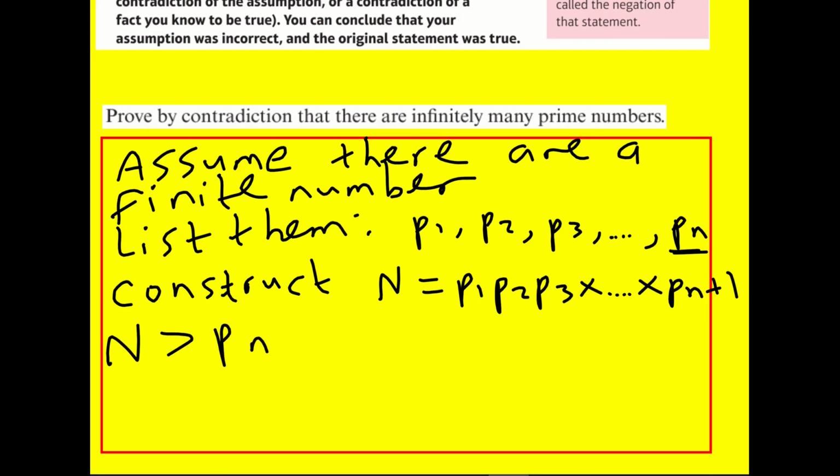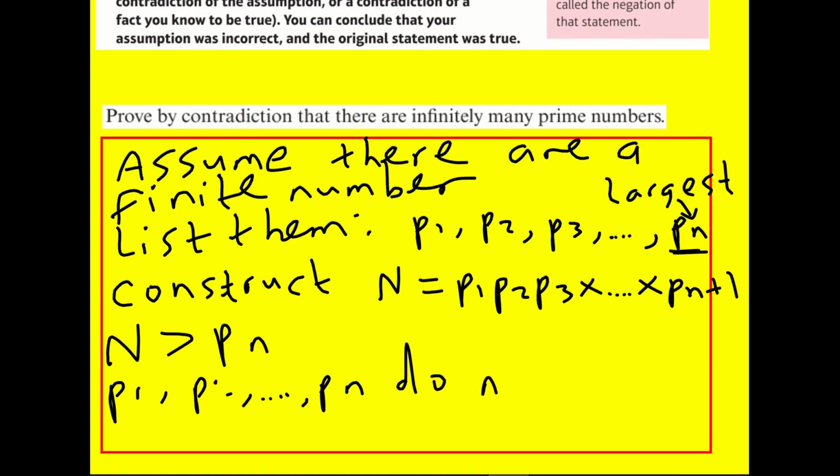So n is definitely going to be bigger than Pn. And Pn was the largest prime. But also P1, P2, etc. do not divide into n.